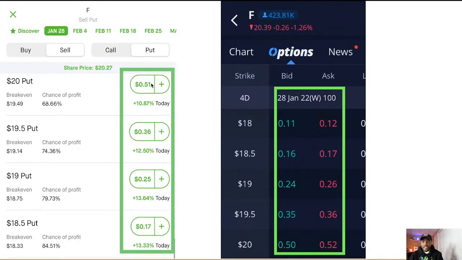So then if the stock kept going up, then I get to keep the cash and I get to keep my collateral. But if the stock went down and it went way under my strike, and in this case it says 19.49, if it broke under there and significantly under there, what would happen is I would then be forced to buy, or someone would sell me the shares, 100 shares at $20. And I couldn't refuse because I got into the contract and I locked my collateral up. So I can't get out of the deal.